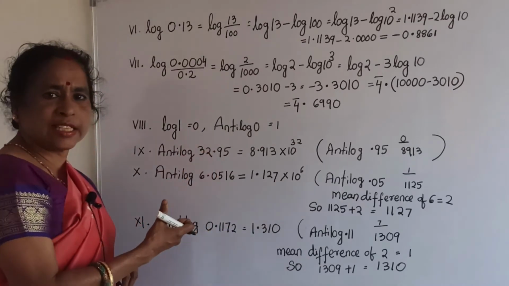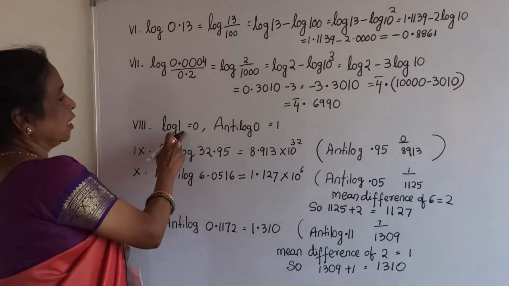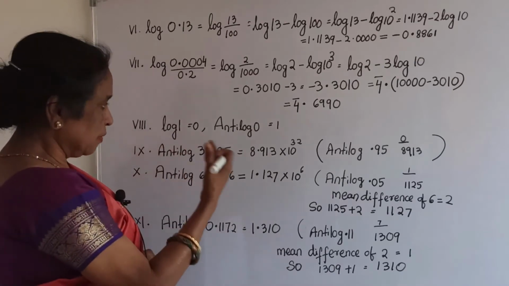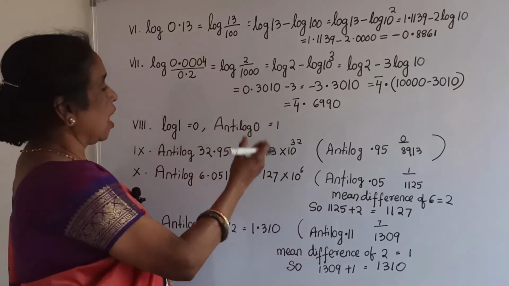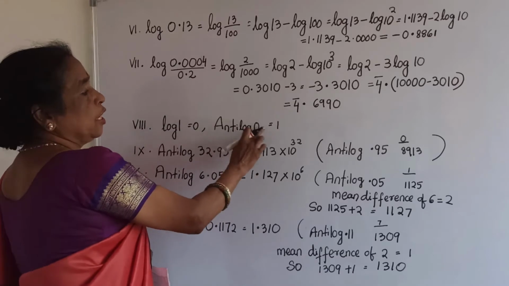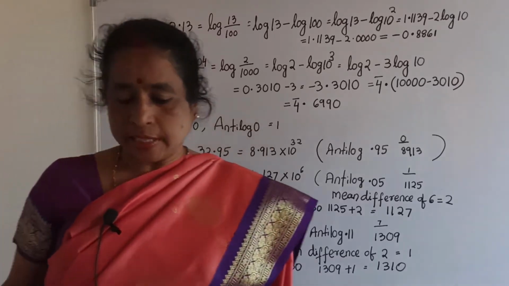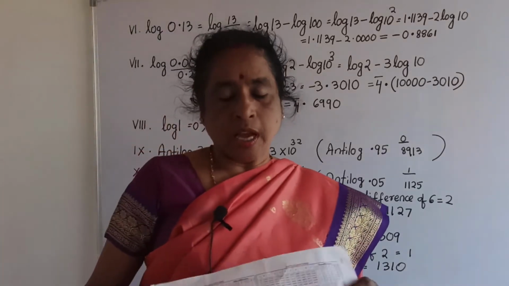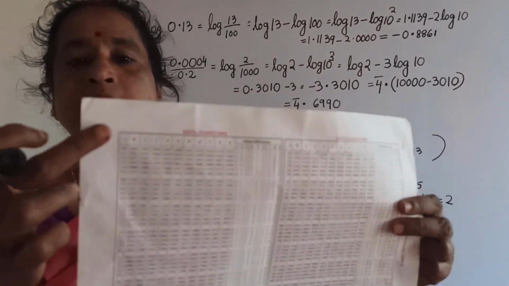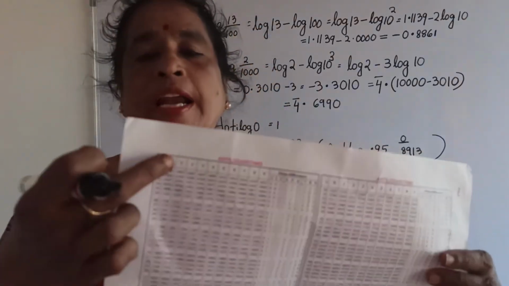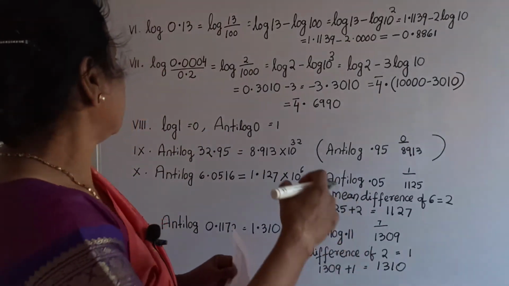Then come to our anti-log. It is also very easy. Log 1 equal to 0. Similarly, I told in the formula, anti-log of 0 equal to 1. You can see here the anti-log. Log 0, anti-log 0 equal to 1.